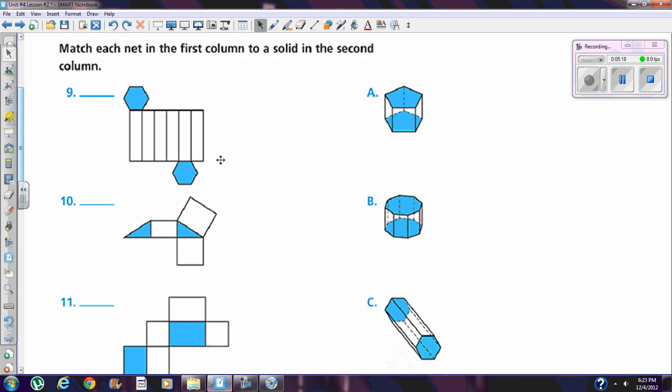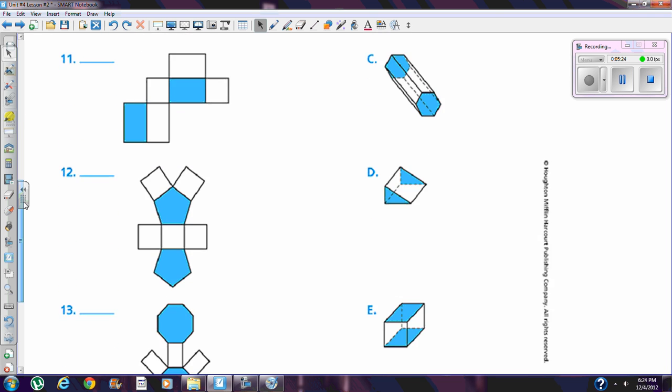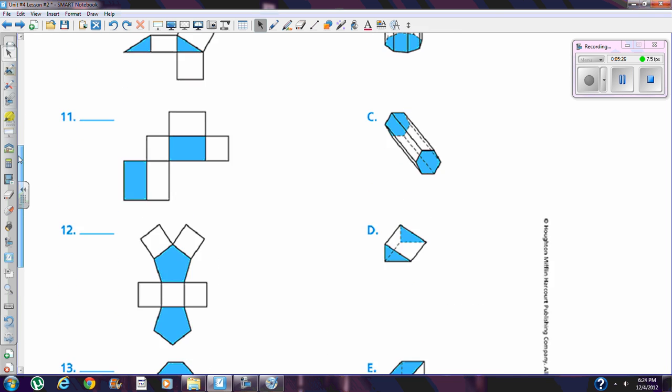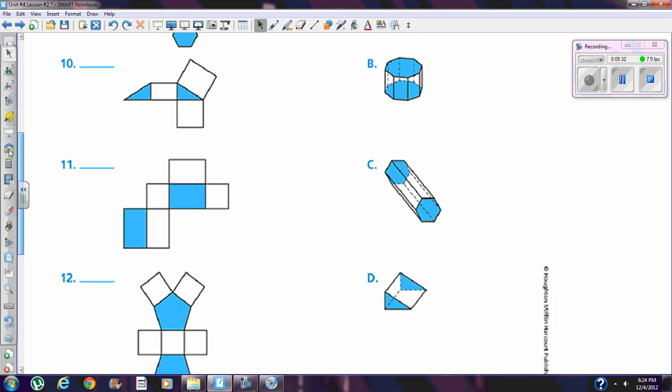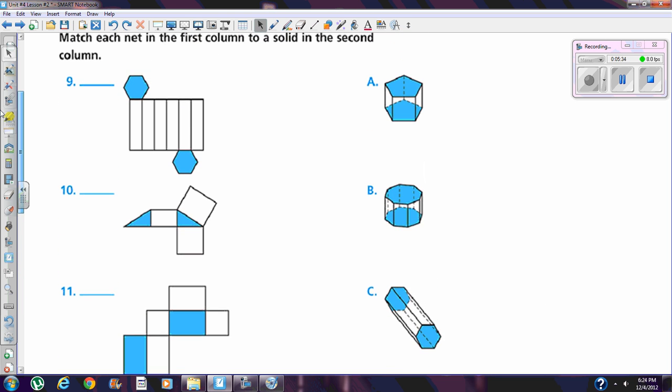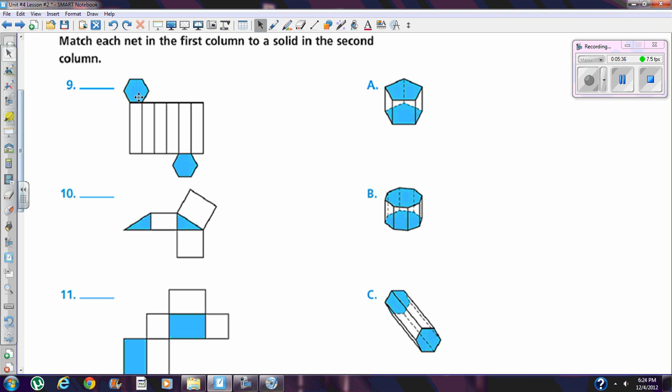So on the left you have your two-dimensional. On the right you have your three-dimensional. So take a look. Let's do all of these. So we're looking at number 9 through 13. Looking at the bases, looking at the faces.